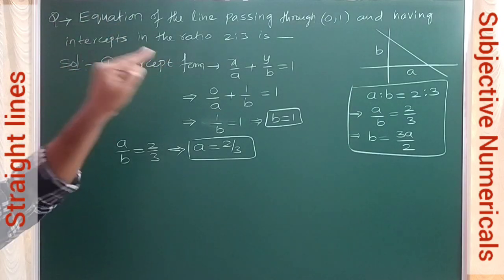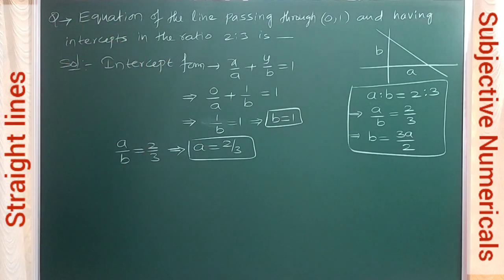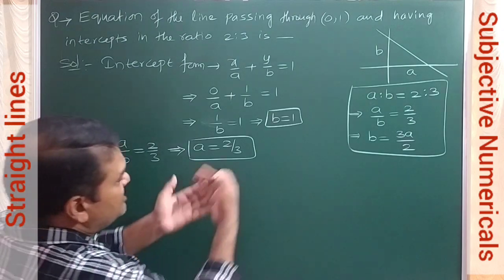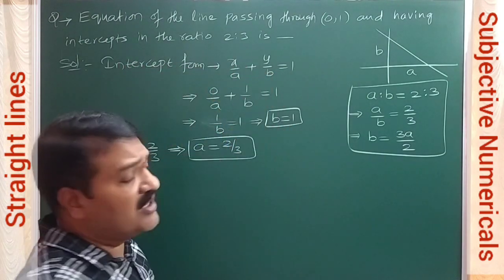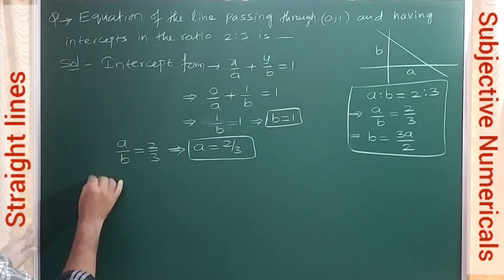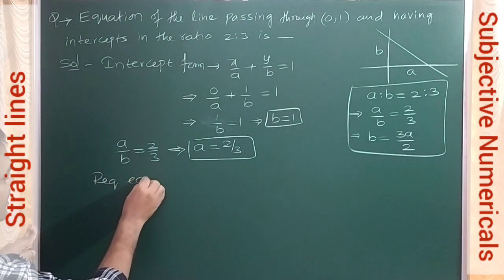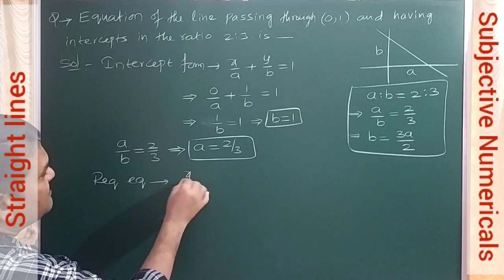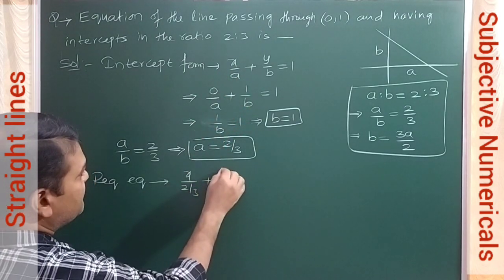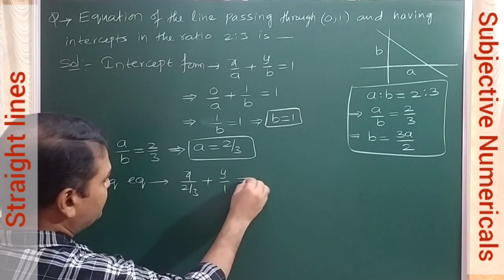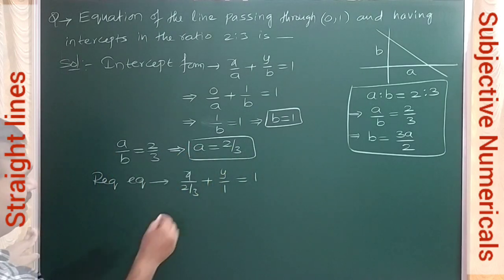Equation of the line is required for us. So when we know the intercepts, we can substitute in the intercept form of the equation. Therefore, the required equation becomes x by A, that means 2 by 3, plus y by B means 1, is equal to 1.